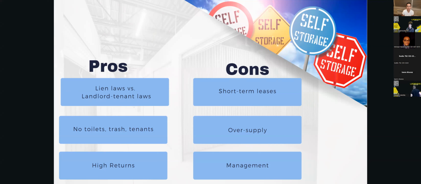They went back and forth for a whole year going to court, a loss of over $30,000 in rent and costs and all that. So needless to say, landlord tenant laws, especially in blue states, as many of you talk about on the other calls, is not great. So the lien laws are pretty awesome.